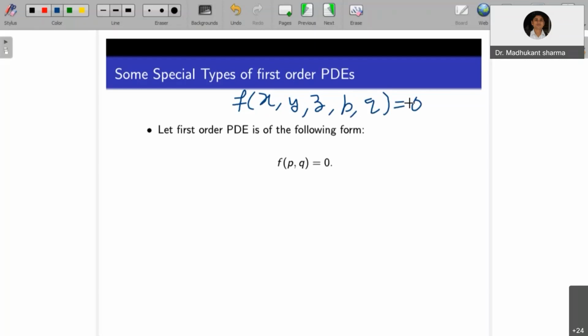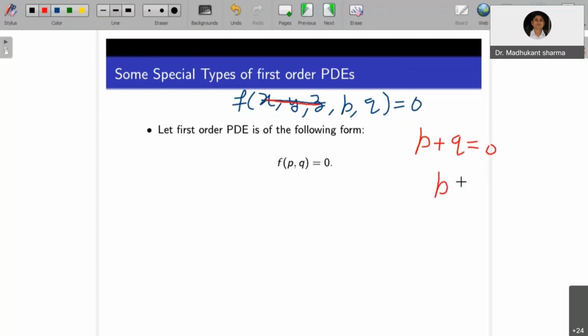Now, the first type, type 1, is when you don't see explicitly any of the variables x, y, and z in the equation. Like suppose you have the form p plus q equals 0.